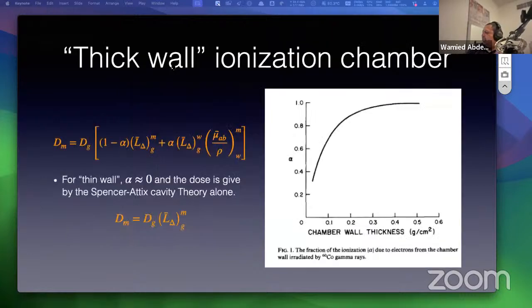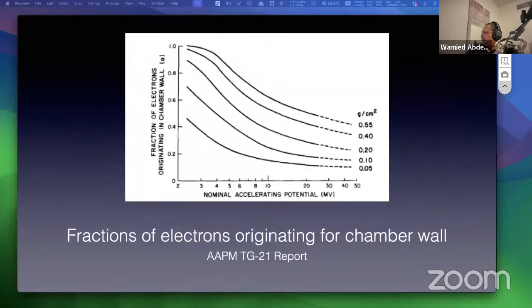Cobalt specifically is this figure, but this is a more generalized figure for other photon beam energies. What we see is that if we have the same wall thickness, as we increase the photon energy, the fraction of the dose deposited in the cavity by the wall actually decreases.